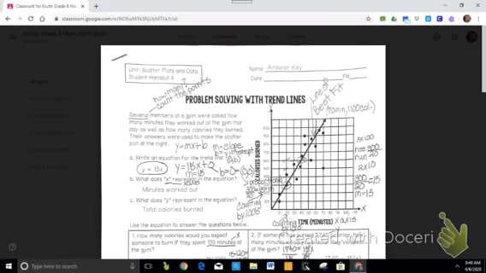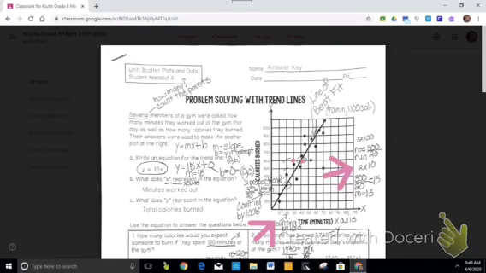I also have to count how far I go to the right or left. This time I go to the right, so it's 2 places, but I am counting by 10s on my x, so 2 times 10 is 20.